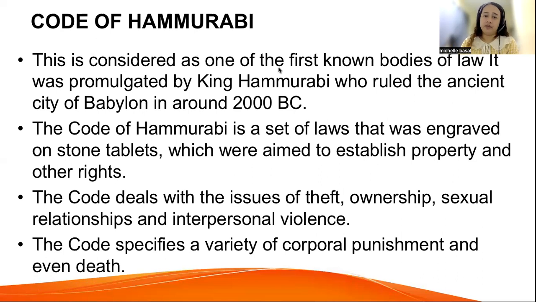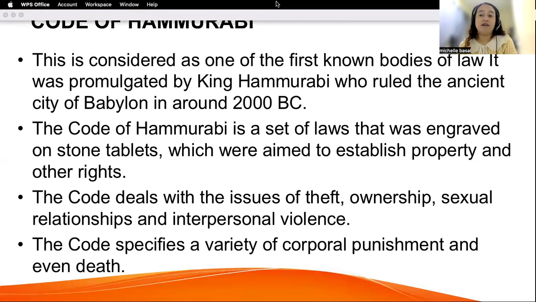The code specifies a variety of corporal punishment and even death. The Code of Hammurabi is very well known for a certain saying always related to it: an eye for an eye, or a tooth for a tooth.